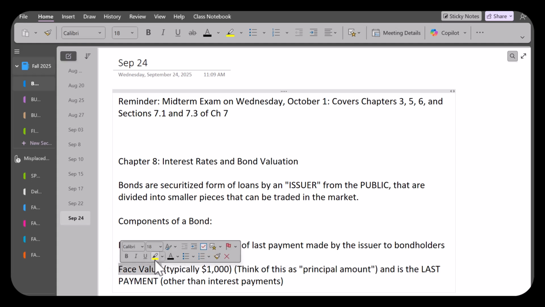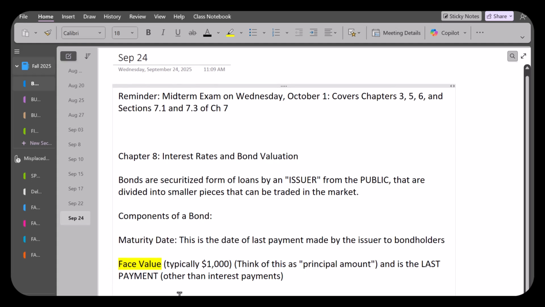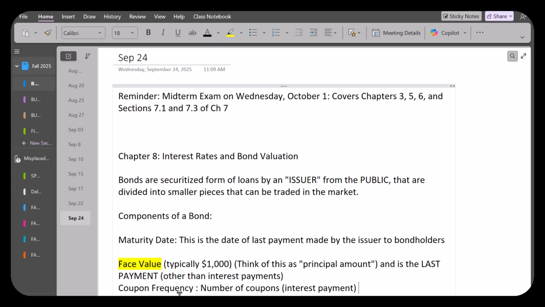We're going to have coupon frequency, number of coupons, which is a fancy term for interest payment per 12-month period.